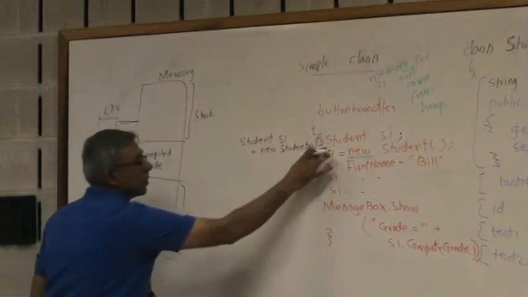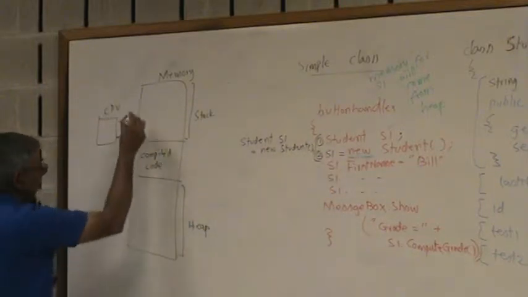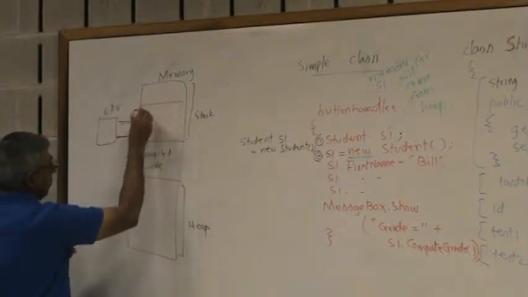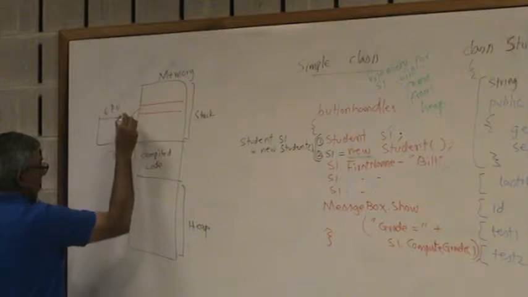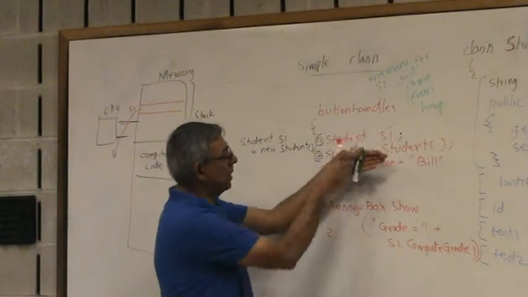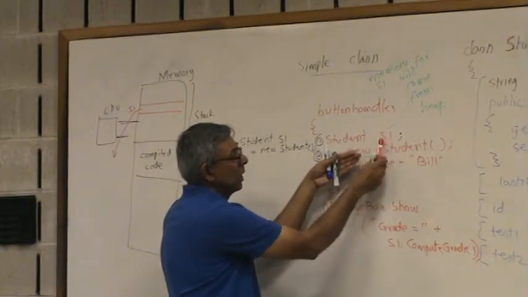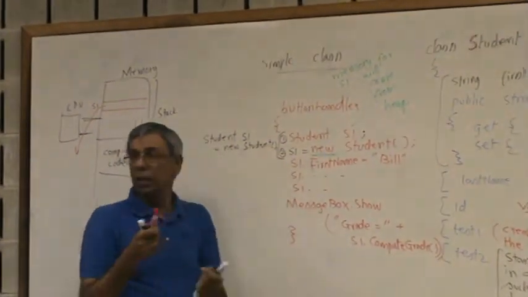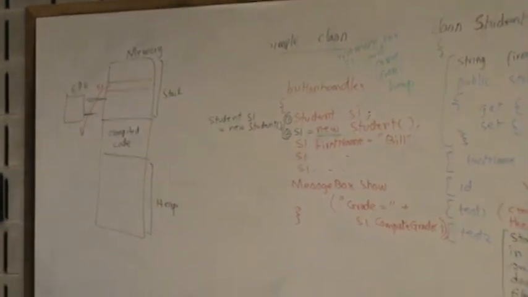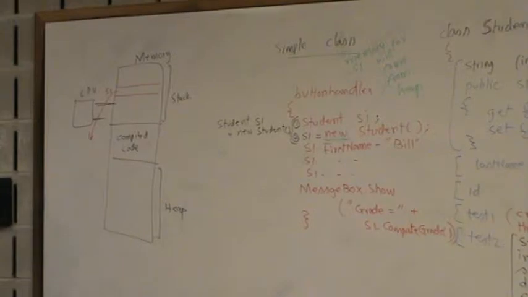Now let's go to student S1. We call this S1 a reference. So S1 will get created on the stack, because if you take a look over here, in the first statement there is no new keyword. Think of S1 like a pointer, and that's what we call a reference, and that gets created on the stack.